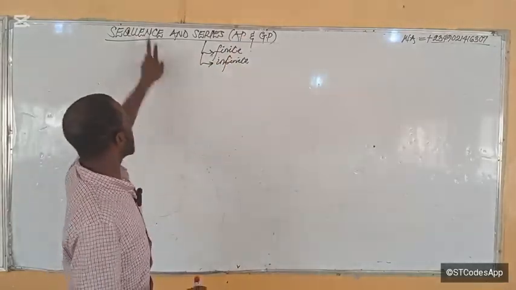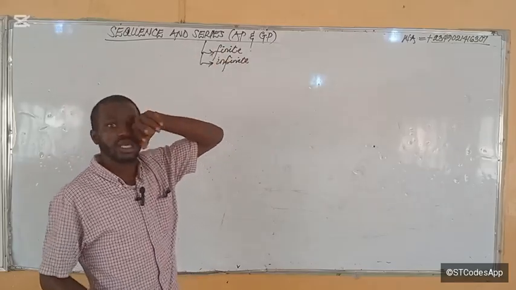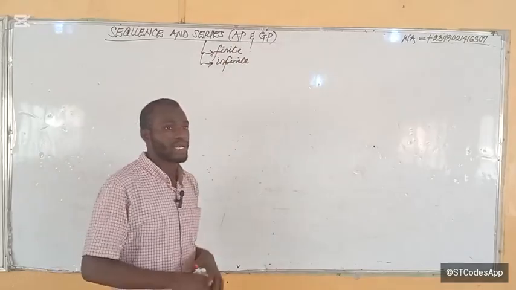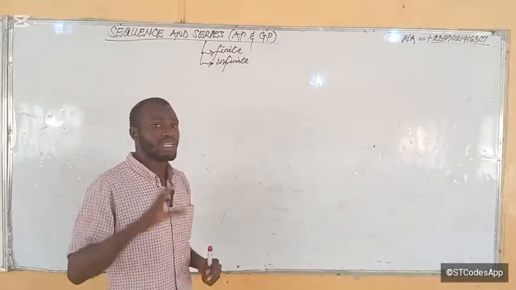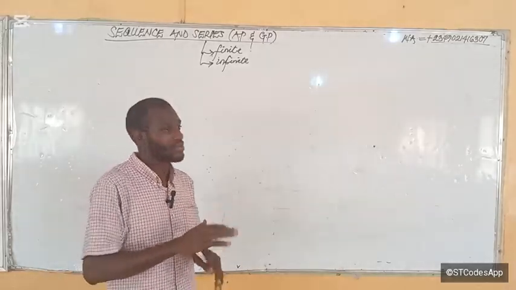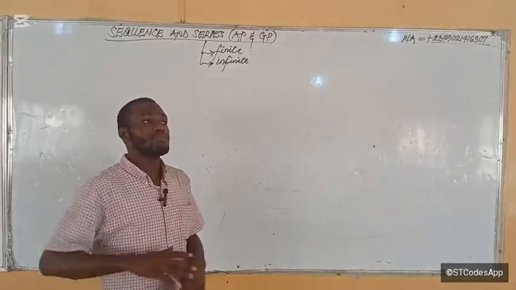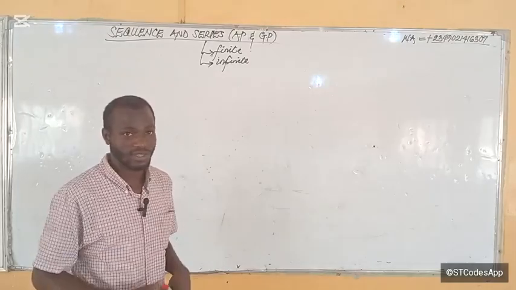So now we split sequence and series into AP and GP based on the operation between the terms. Keep in mind that the method I'm going to teach you in this video is the method you should use to solve questions. It's very easy. My method is not the best in the world, but this one helps. It's going to help you solve a lot of questions. So trust me.